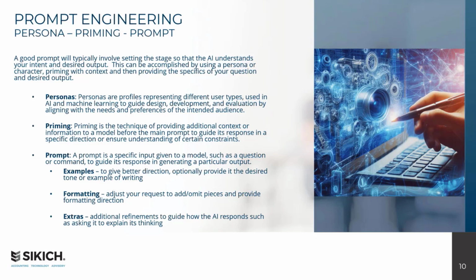To tell the engine to use data that a seasoned CFO in the manufacturing industry might have access to, to help ground more the result that you're going to get back out of it. Priming is a technique that provides additional context or information to the model before you give it the main prompt, to help guide it to a specific response.